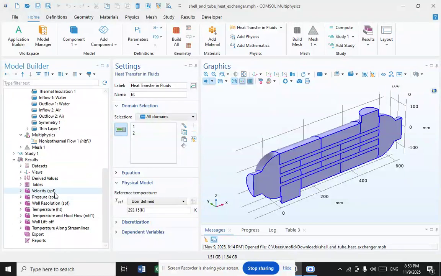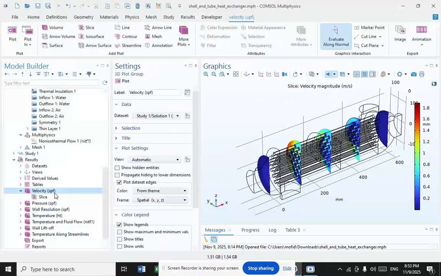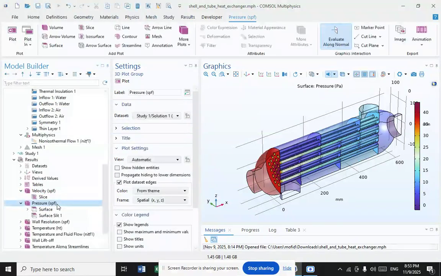And what about the results? We have velocity, pressure. You see the pressure on the side of the inlet and outlet.